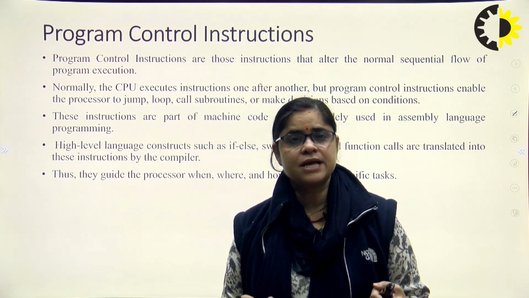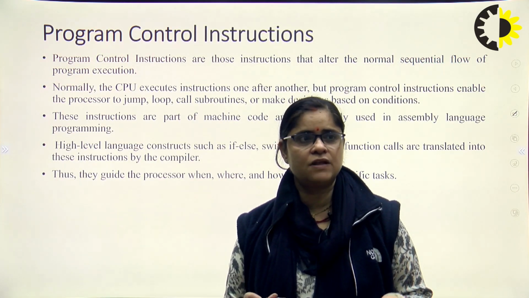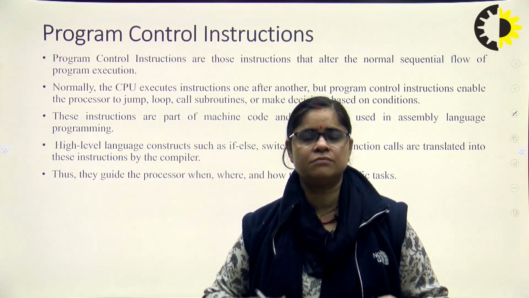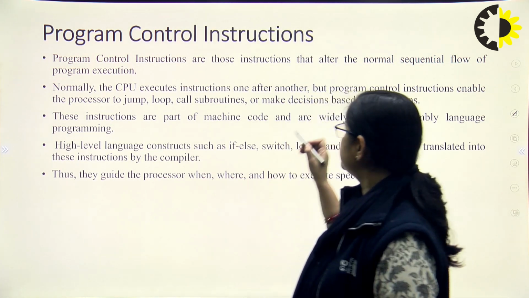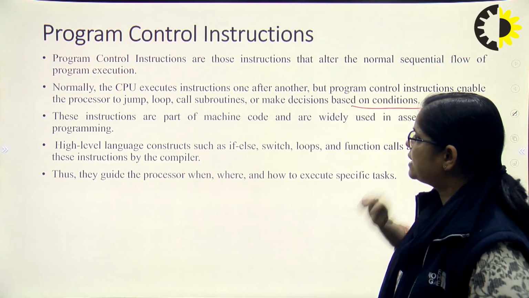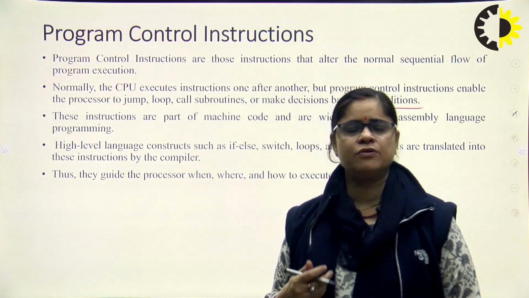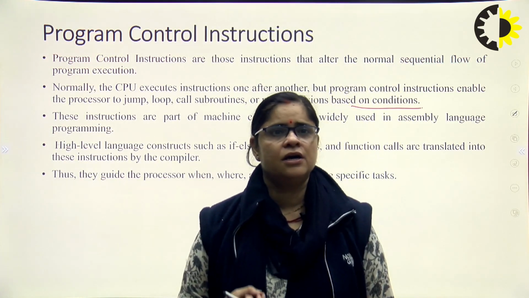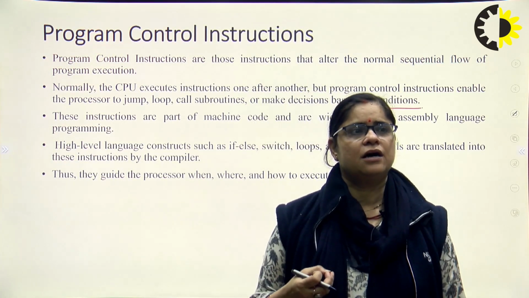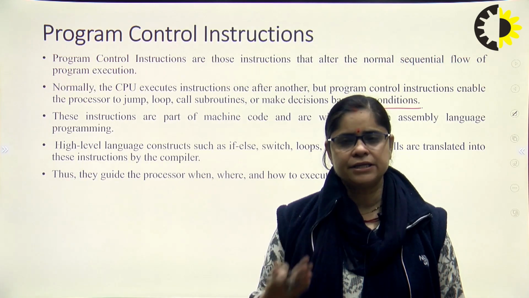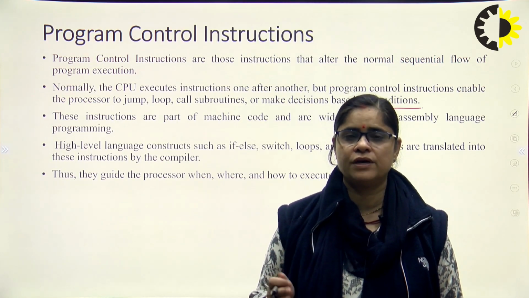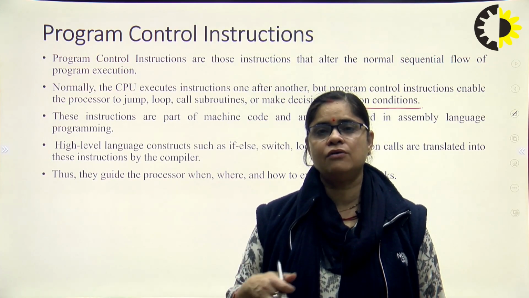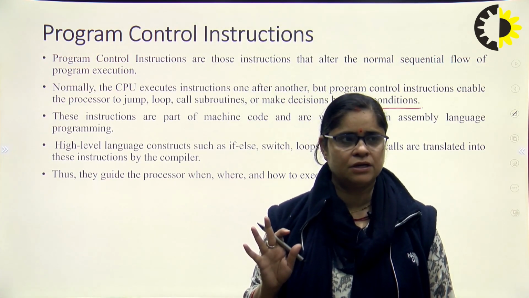So it means that the program control instruction will enable the processor to jump, loop, or call subroutines or make decisions based on conditions, right? So program control instructions help guide the processor on when to change, what to do, where to do, or how to execute the program, right?